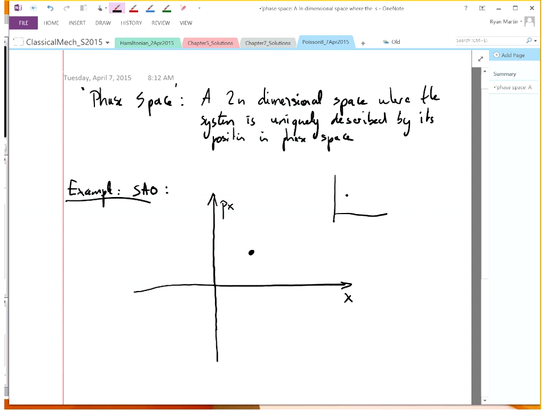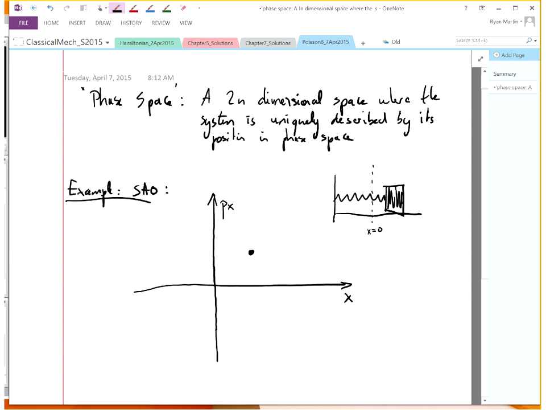So if this is our simple harmonic oscillator, and let's say x equals 0 is when the spring is not stretched, then if I specify a point in phase space for the position of my system, if you look at the x-coordinate of the point I've drawn, it's positive, so that corresponds to, at least consistent with the drawing that I made, the spring being stretched.